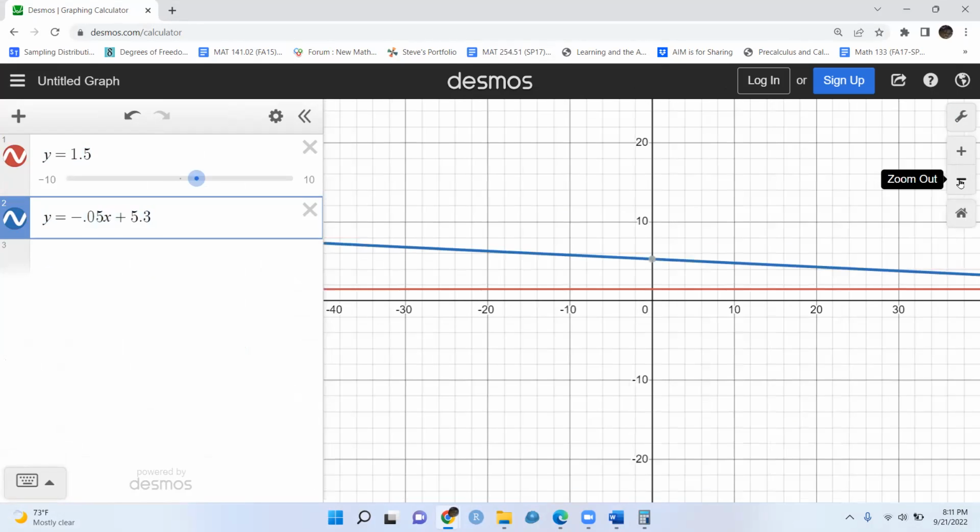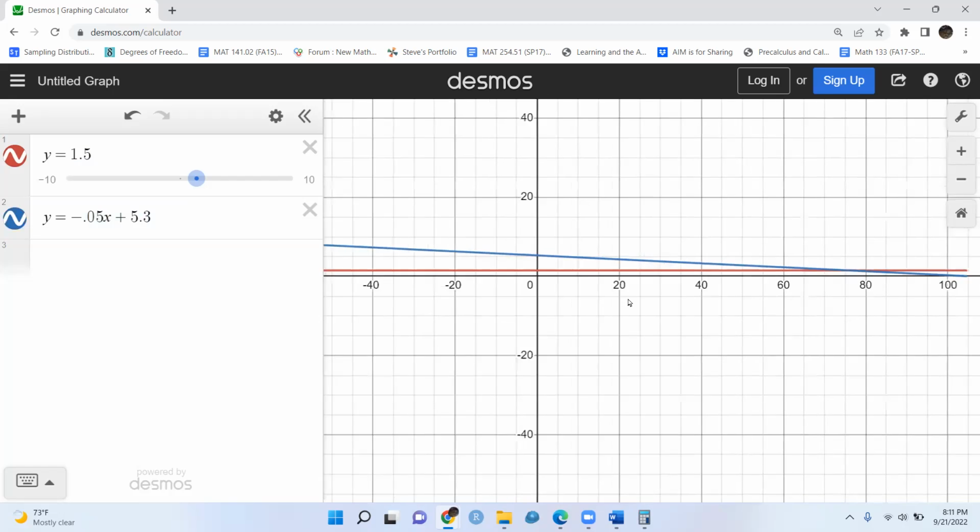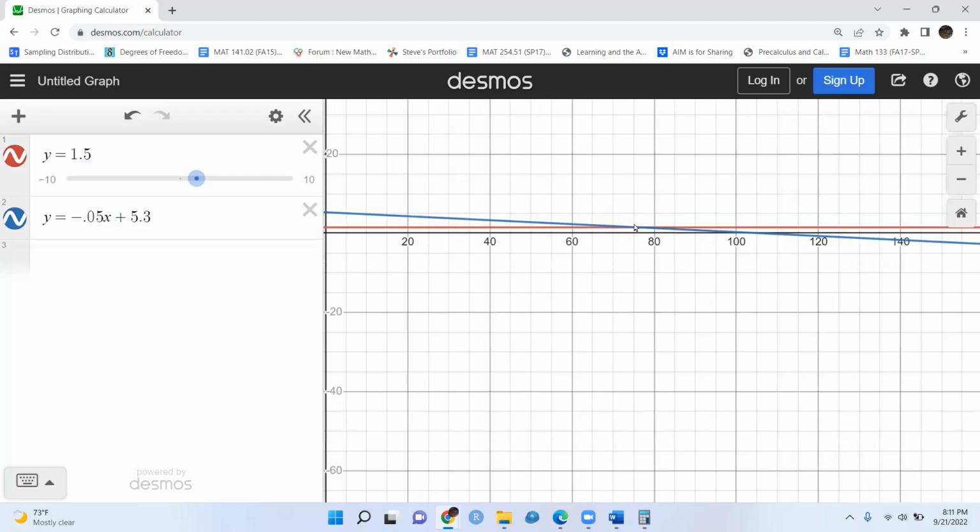You can zoom out, hold your mouse and move it around until you see where they cross, and then if you click it, there they are. That's the tricky part of the graphical method, finding where they cross. I'm still doing something wrong because mine don't even cross. You want to share your screen? Sure.